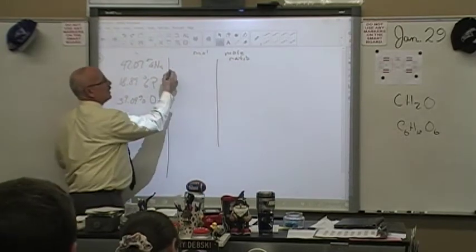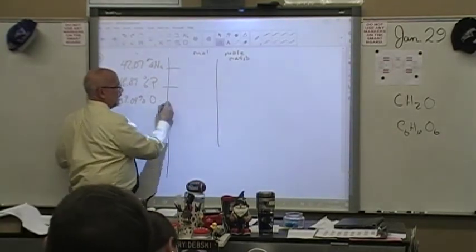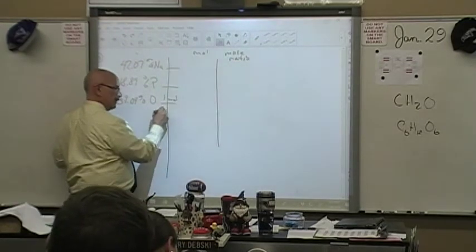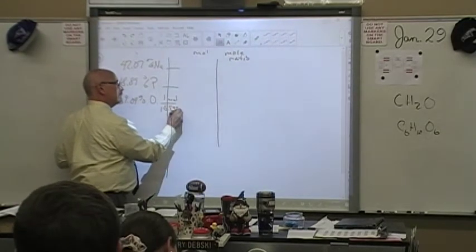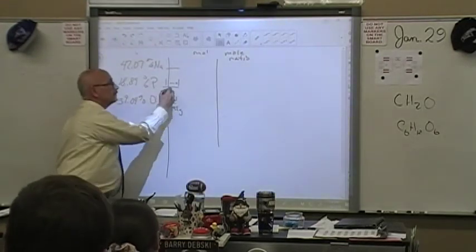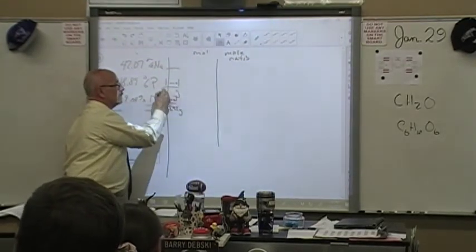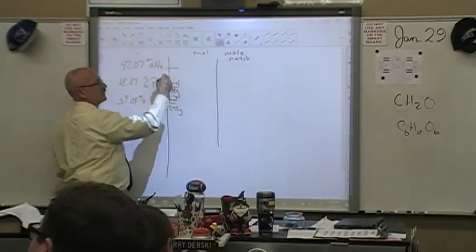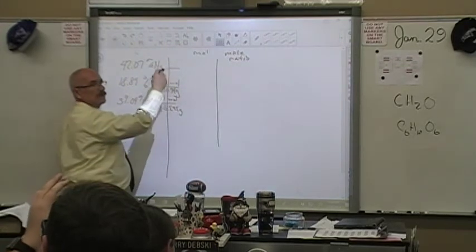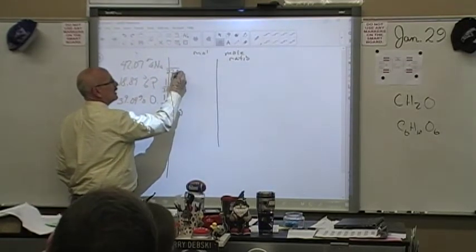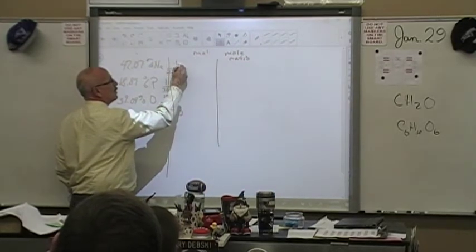So the number here for sodium, phosphorus, and oxygen off the periodic table, 1 mole per 15.999 grams. Who's got phosphorus? Brinkley? Phosphorus, 30.974, and sodium, 22.990, 1 mole, grams.